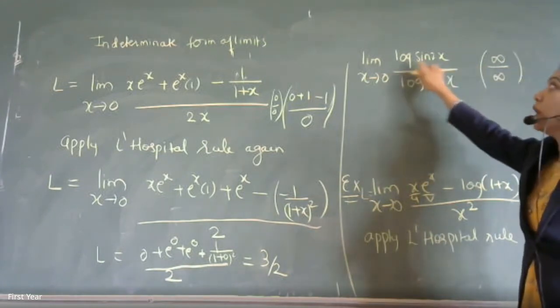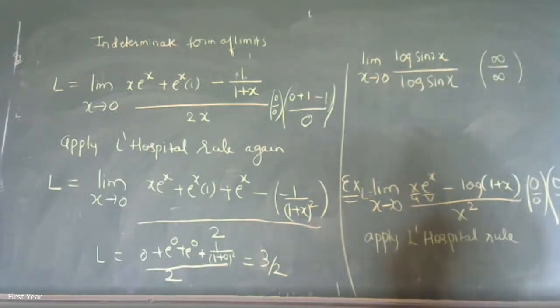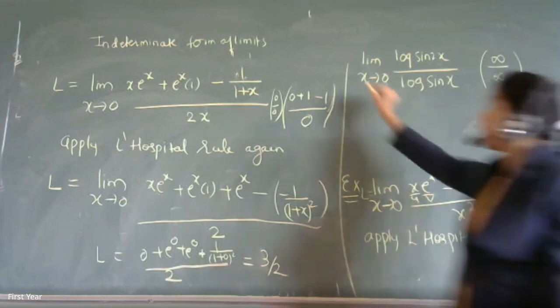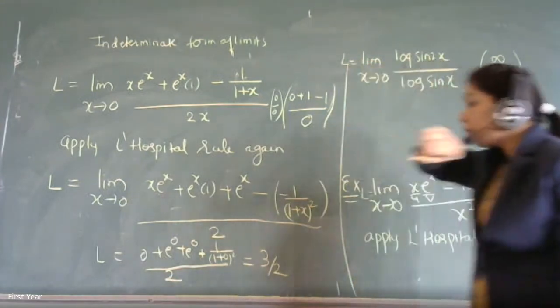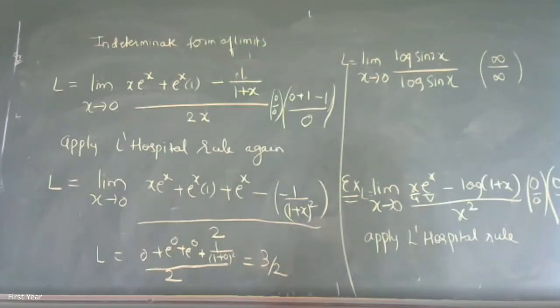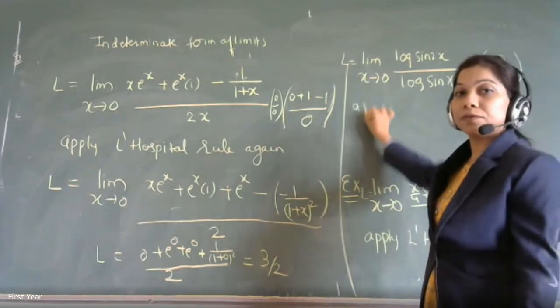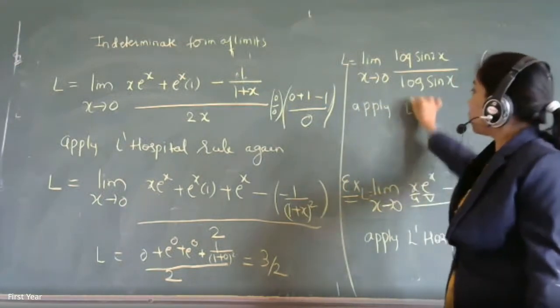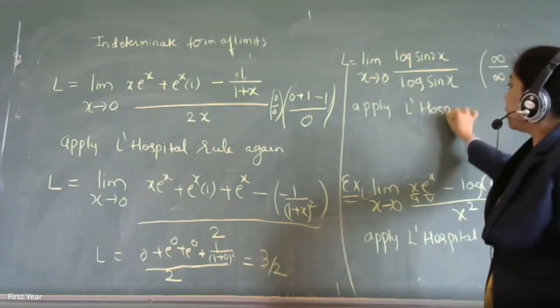Sin 0 is 0 and log 0 is undefined, so the numerator is infinity, and the denominator also is undefined, so infinity by infinity. Is this okay? So we have to apply L'Hospital's rule directly. So apply it and tell me the answer.